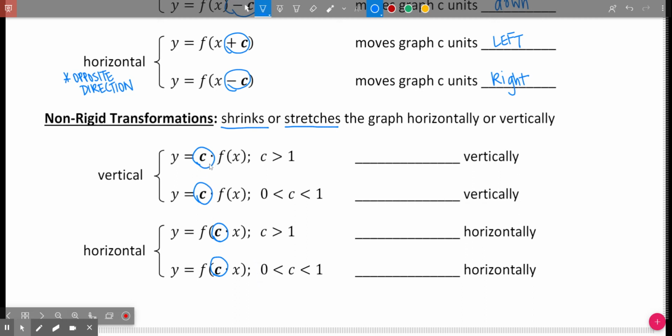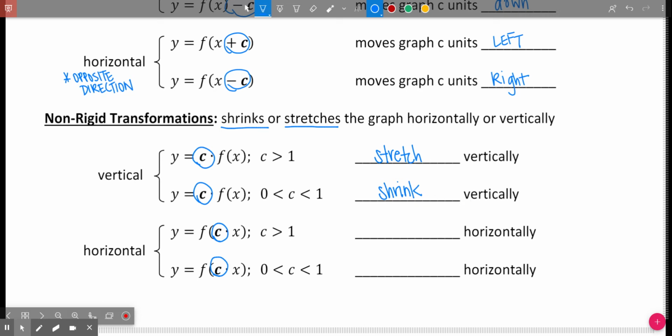For vertical, if the number you're multiplying outside is greater than 1, we call that a vertical stretch. If the number you're multiplying outside the function is less than 1 but greater than 0, we call that a vertical shrink.